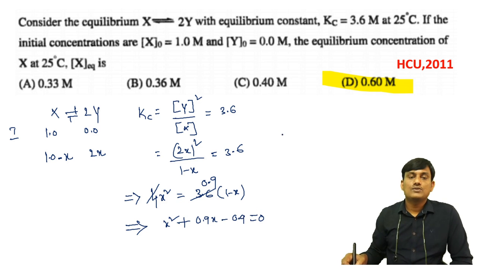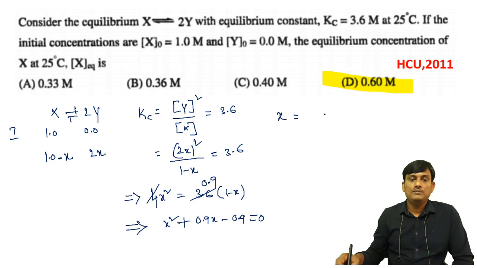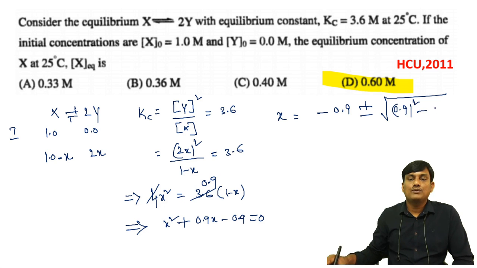When you solve the quadratic equation, x is equal to minus b plus or minus root over b square minus 4ac, by 2a.